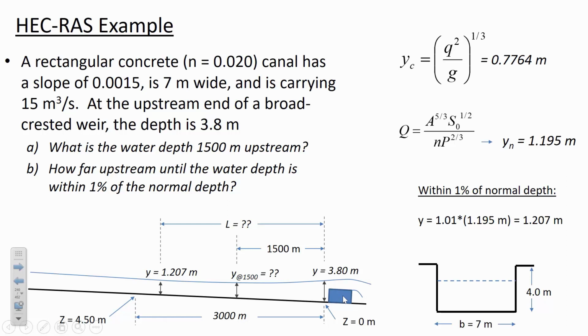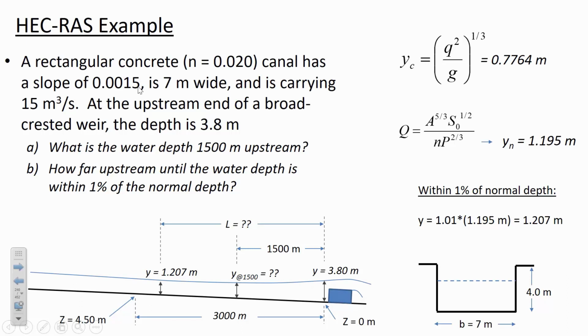Now the slope that's given, 0.0015, we have to manually calculate what our elevations are going to be. If we say the bottom of the channel just upstream of this weir is our elevation datum, so z equals 0 by our definition, we could have called it 10, we could have called it 100, let's just call it 0.